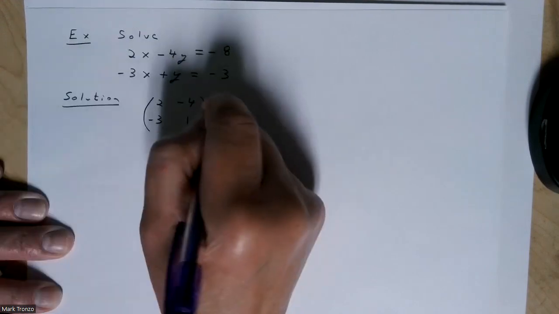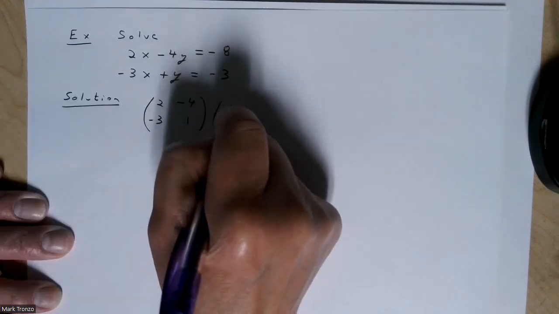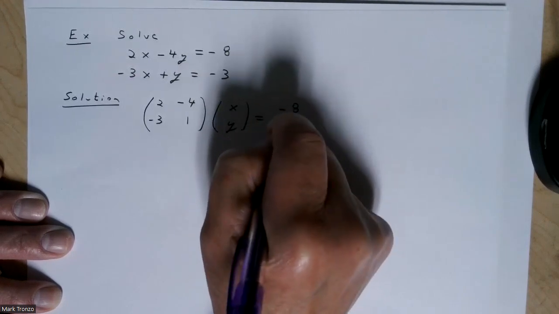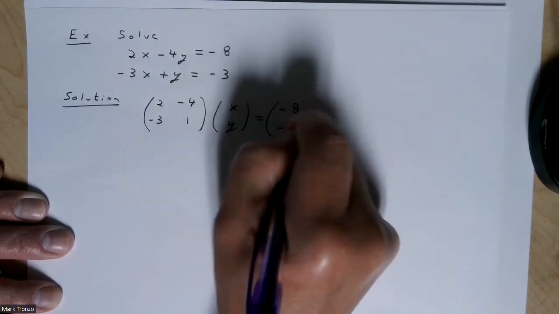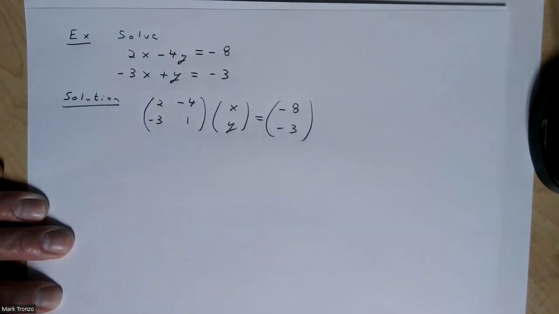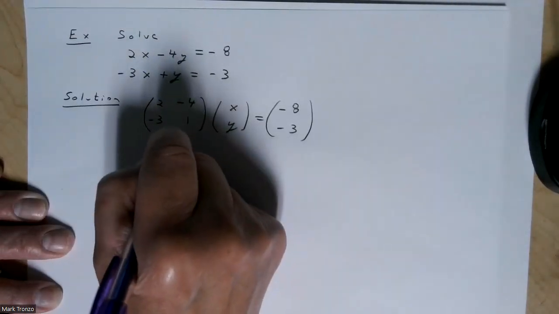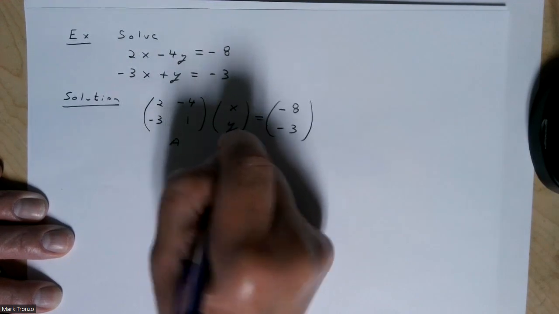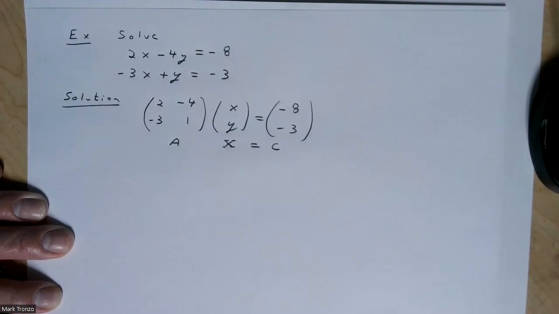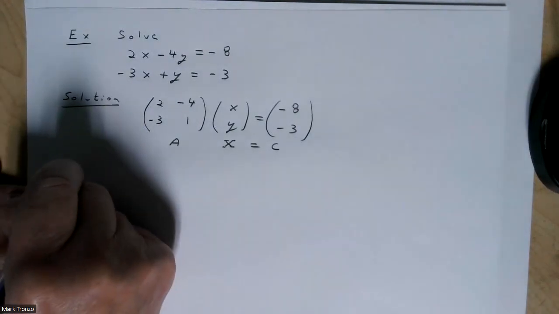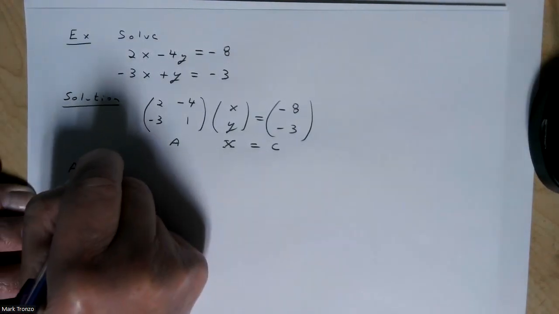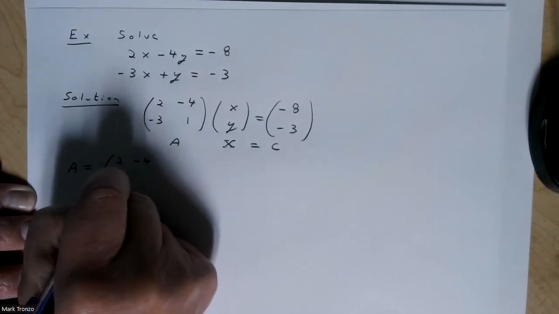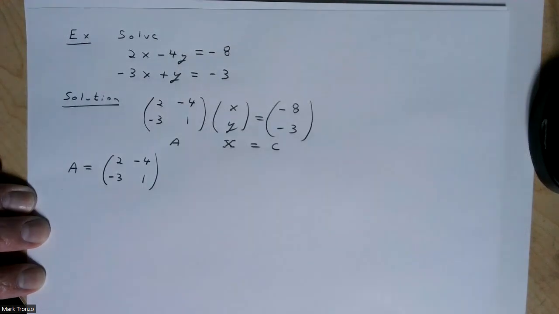Let's just solve this. And just like before, sort of factor out the x and y. And then this is our matrix A. This is our matrix X. This is our matrix C. And then A is 2, minus 4, minus 3, 1.